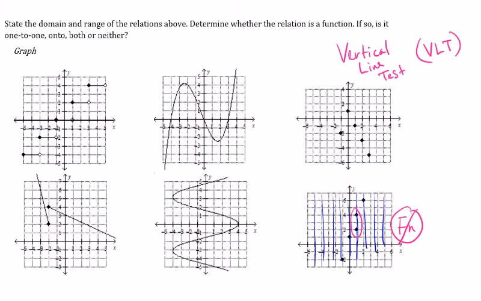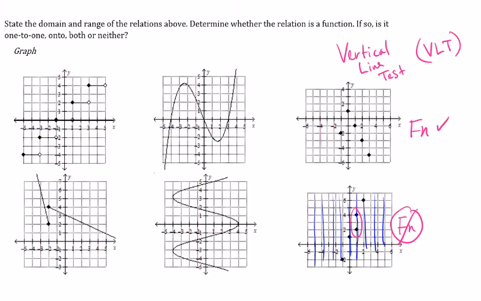So I can scan all along. I kind of do like a barcode. That's the way I think of it, you kind of, you know, beep beep beep beep beep, and if you get one line that crosses through 2, then the alarms go off, sprinklers come on, everything, and it's not a function, okay?